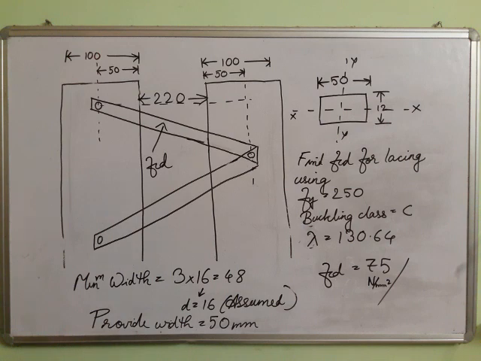So how much compressive load it can take? It will be what, 75 Newton per mm square into area, which is the cross-sectional area.